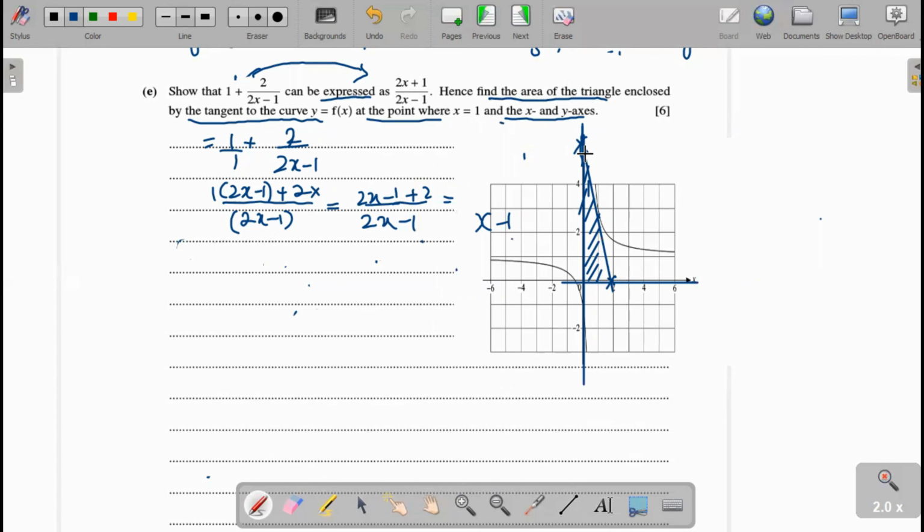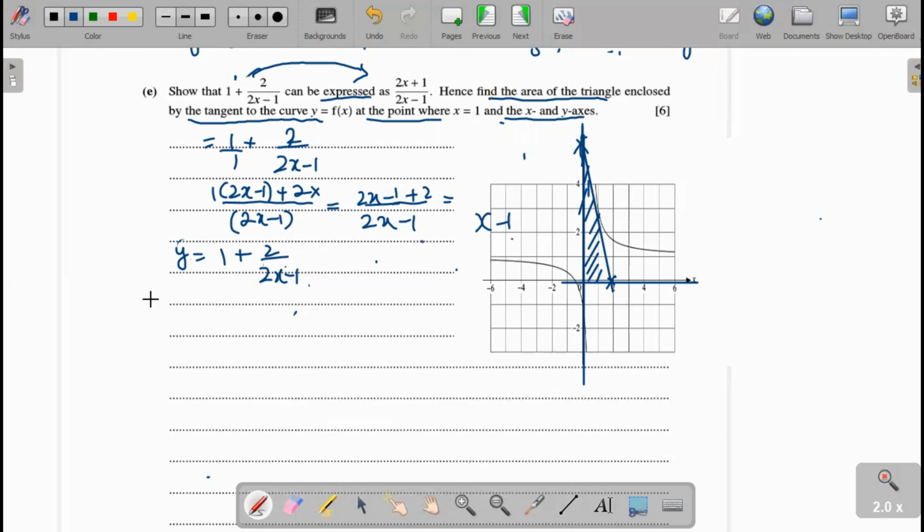To find them, we have to find the equation of the tangent. Here the function is given y equal to 2x plus 1 over 2x minus 1. We can write it as 1 plus 2 over 2x minus 1.